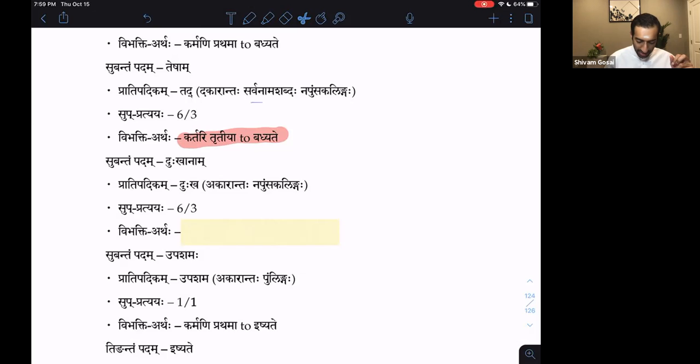Tesham, tad sarvanama shabda, napumsakalinga 6-3. Notice how it says kartari tritiya. This is sixth case, so this is a typo here. It should say it is an adjective to duhkhanam. So resolution of that is desired. Of that what? Duhkha, akaranta napumsakalinga 6-3.